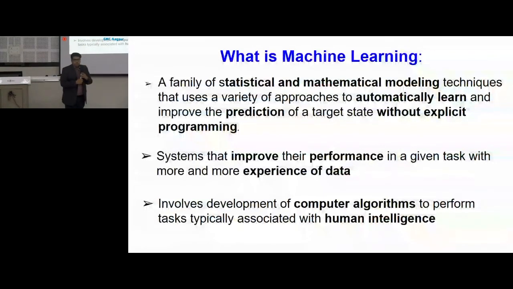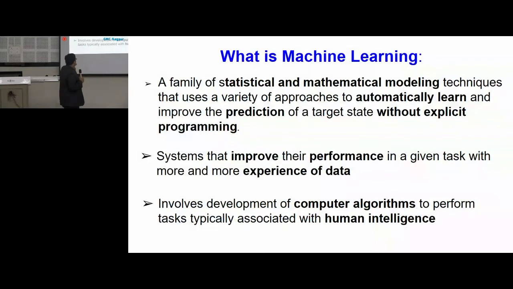A lot of algorithms have been created, and by using them, the computer automatically learns to solve a problem and improve its performance without explicit programming. Basically, we are not programming anything. We are just defining a set of algorithms, we give it to the computer, and it will come up with the model to solve the issue.